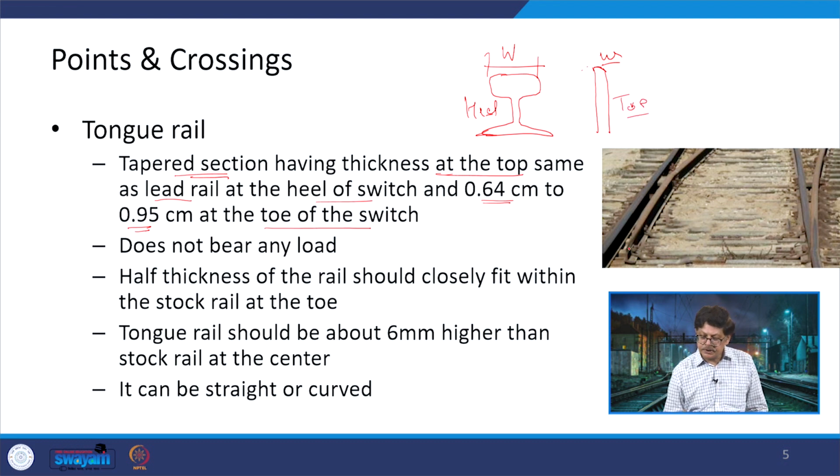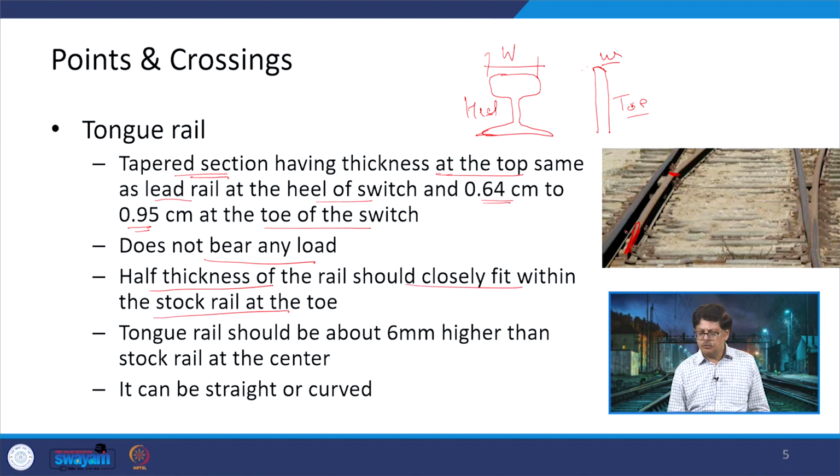Here you see that this is being reduced in size. This is a small size here, but when you are going to the back side, the thickness is equal to the normal rail section. It does not bear any load, it is being provided just to smoothen the directional movement. The half thickness of the rail should closely fit within the stock rail at the toe.